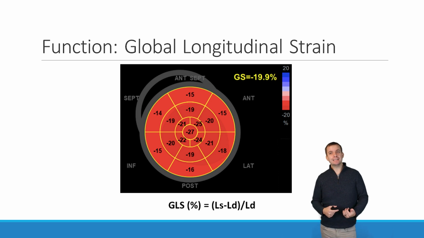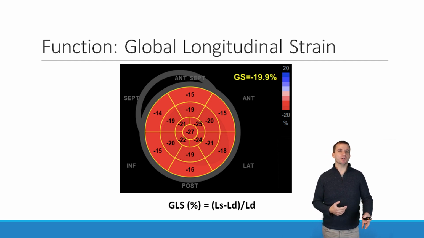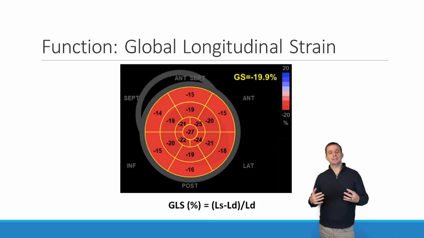And if it's less than that, then that means the walls of your ventricle are not changing or are not squeezing as much as they should, and that is an indication that they have some sort of contractility issue, and it'll give you an idea of how well the LV is functioning, and has been shown to be a little bit more reliable than looking at EF.